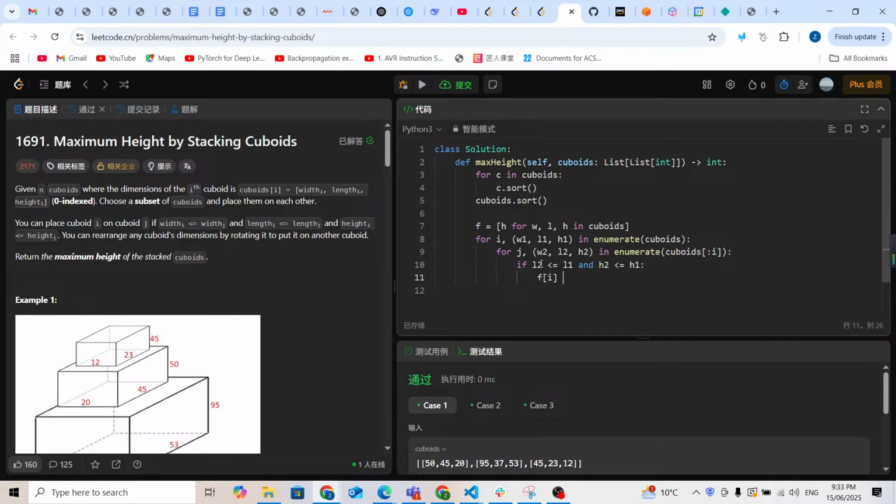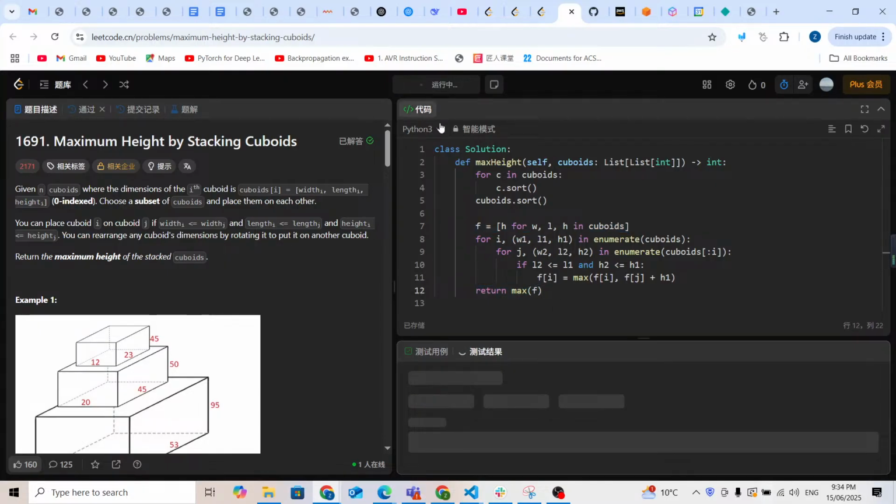So f[i] is going to be the maximum of f[i] and f[j] plus the height. Here the height is h1. Finally, we return the maximum height, which is the maximum of f, because we defined this function as the highest height at each position. So we find the maximum.